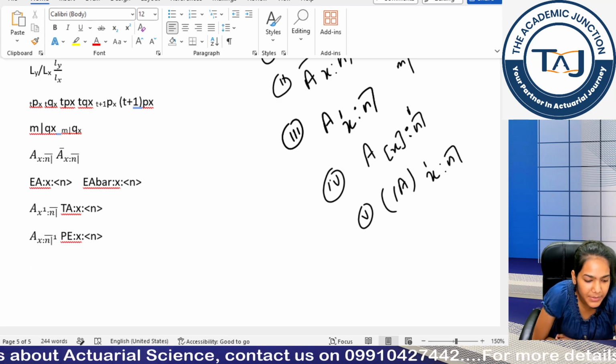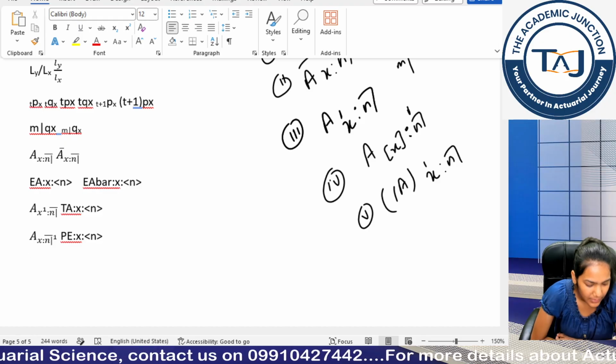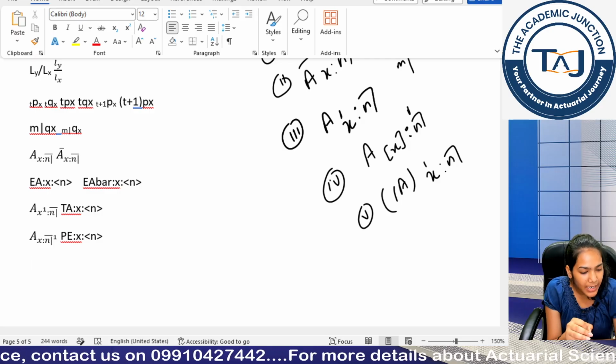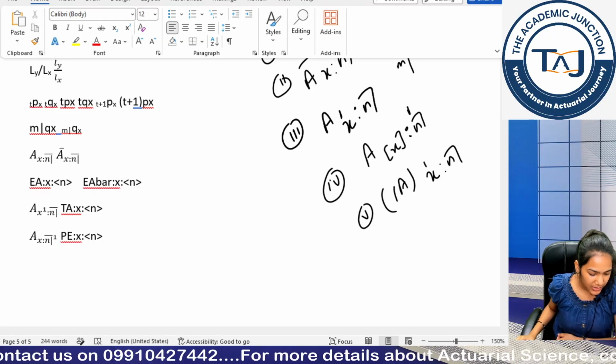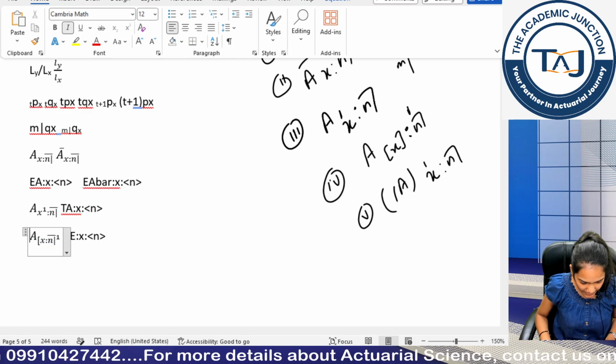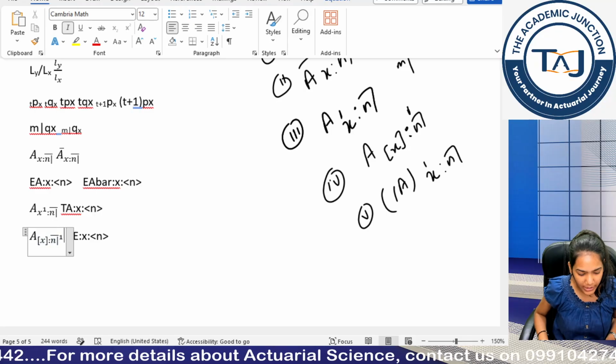So this can also be written as this. Now is it easy to write everything in my select mortality? So there is nothing new, you can just insert square brackets in there and this becomes your select mortality basically.